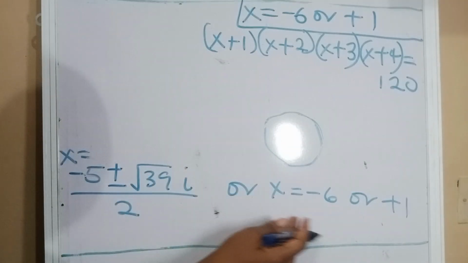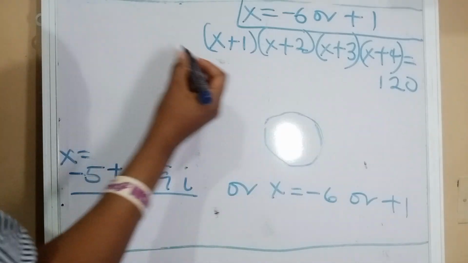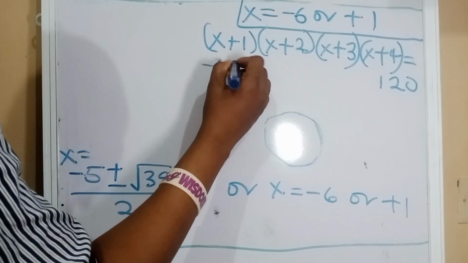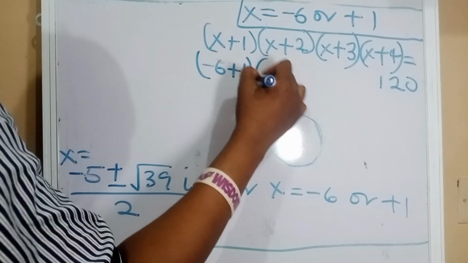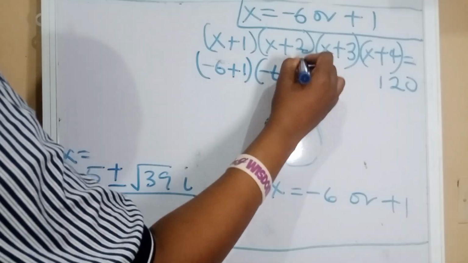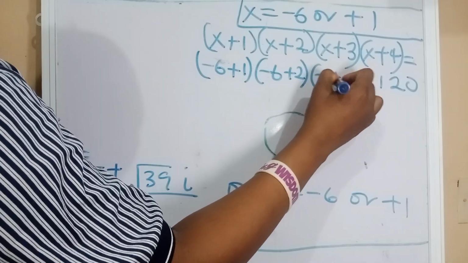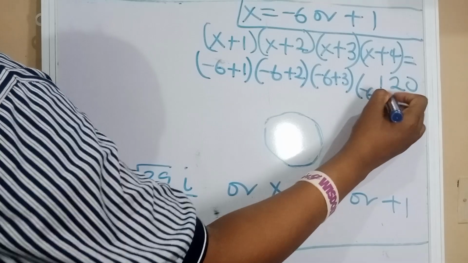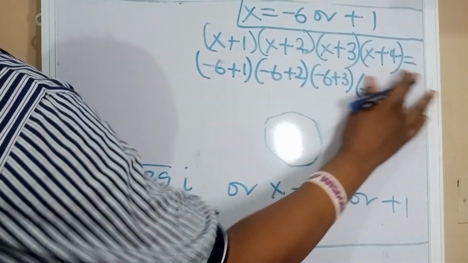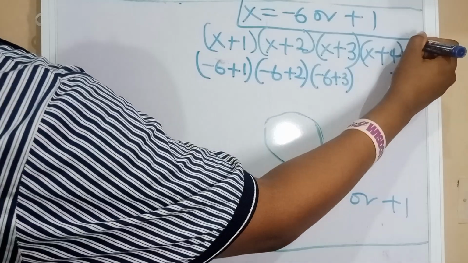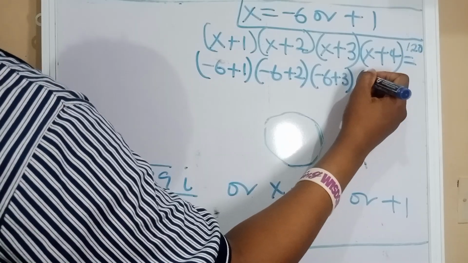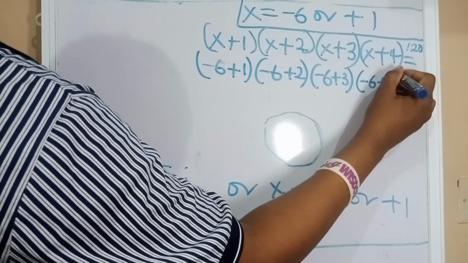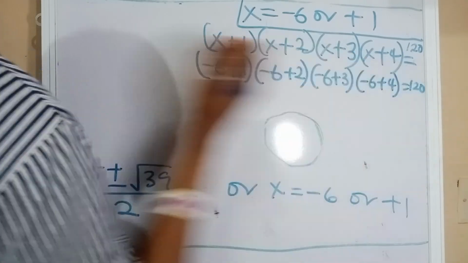So when x is equal to minus 6, let's see. Minus 6 plus 1, minus 6 plus 2, minus 6 plus 3, minus 6 plus 4 equal to 120.